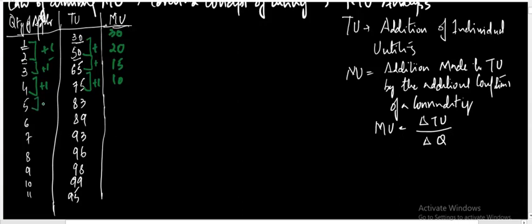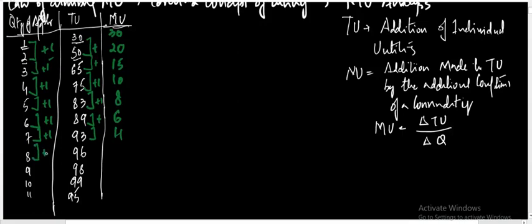Moving from 4 to 5, I'm deriving 8 additional units of the satisfaction. Moving from 5 to 6, I'm deriving an additional 6 units. Moving from 6 to 7, I'm deriving 4 units of satisfaction.